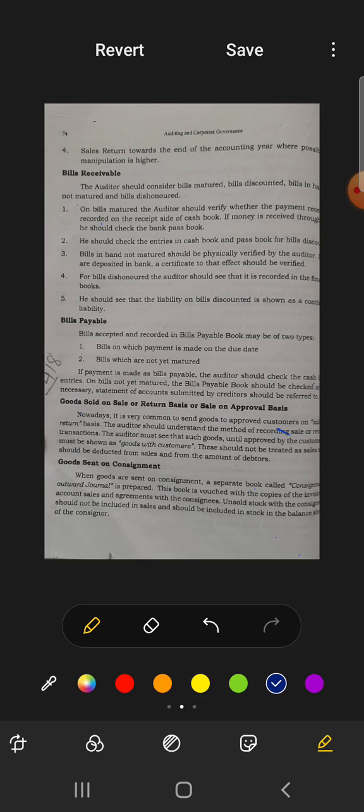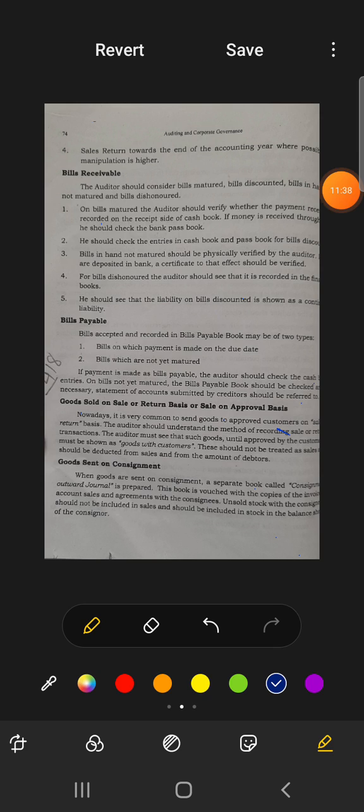So these are the duties in the case of bills payable. The auditor should check the cash book while making the payment through bill, and also check the accounts submitted by the creditor.